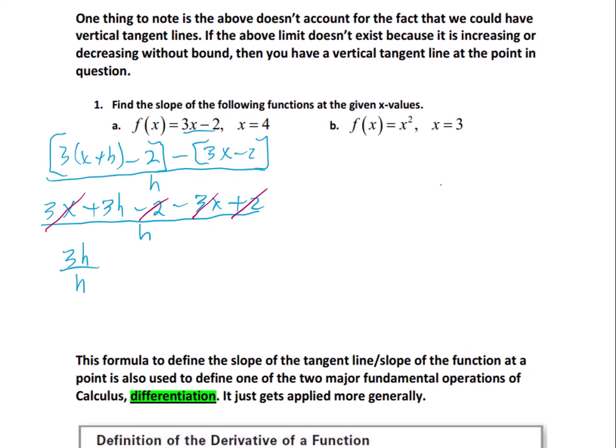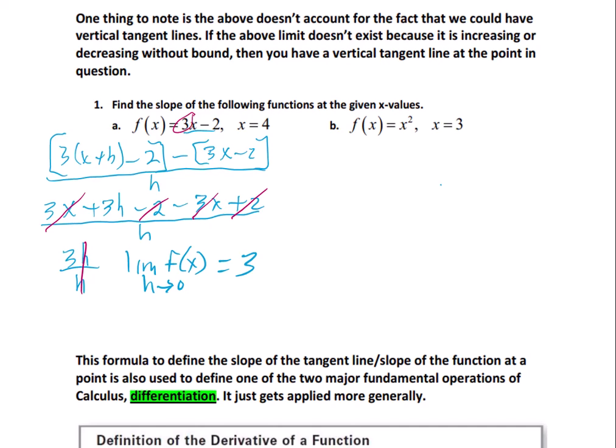And what we're interested in now is, well, what does that leave us as h goes to 0? First, let me cancel out my h's. What does that leave us as h goes to 0? Well, the limit of f of x as h approaches 0 is just 3, which is not a great shock because we're talking about a straight line, and we can see the slope is 3 back here, even just looking at this equation right here.